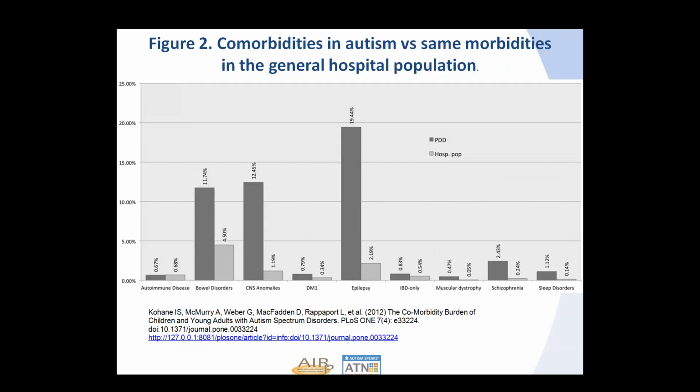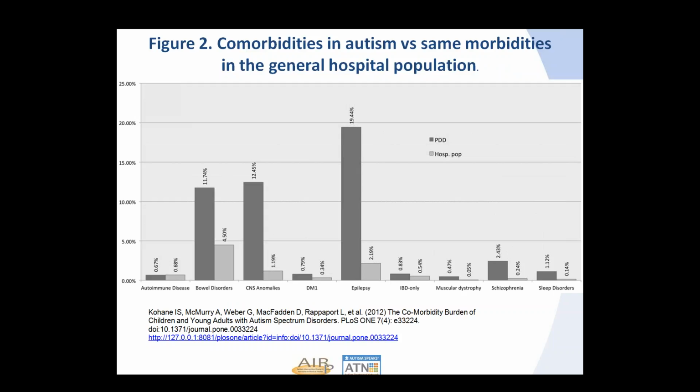This slide also looks at this, not comparing to those diseases as the slide before was, but instead, how often are these comorbidities occurring in autism versus how often are they occurring in the general hospital population.